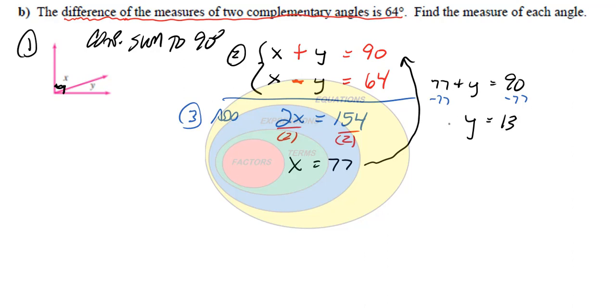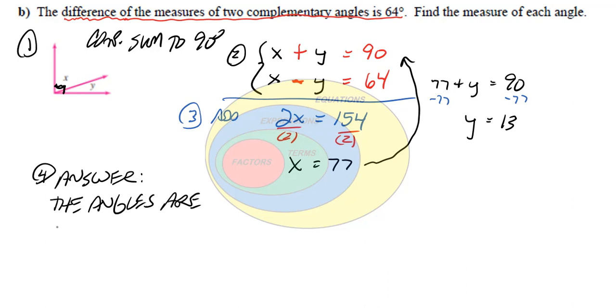Again, once we have our answer, we can go back and answer the question. It says find the measure of each angle. So we can say the angles are 77 degrees and 13 degrees.